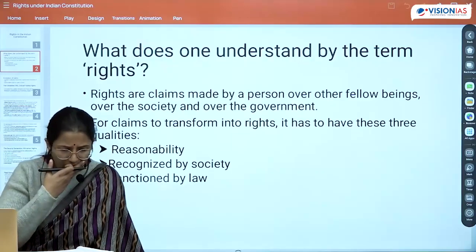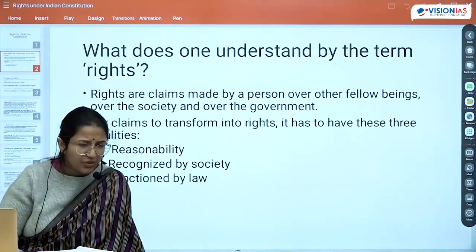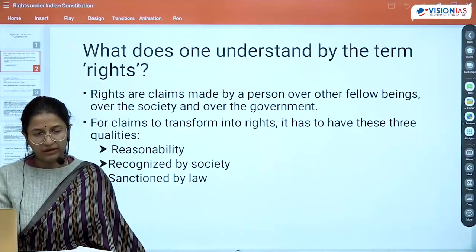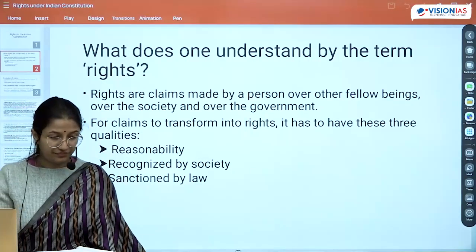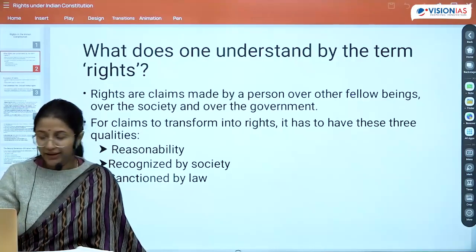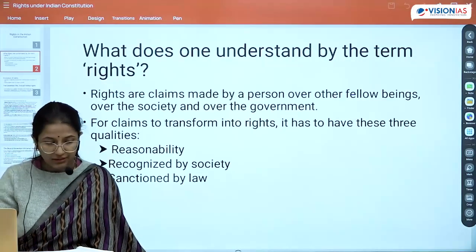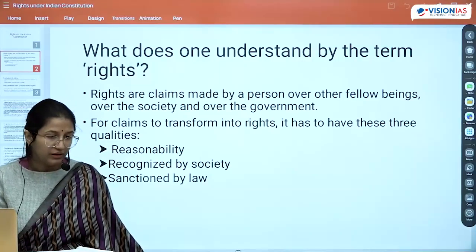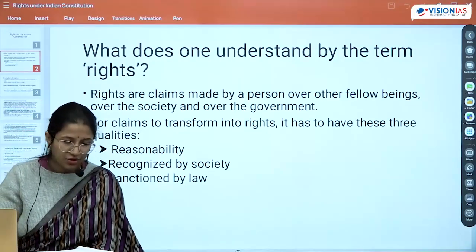Fine. Write down, for example, 200 years ago, right to vote to women would have sounded strange.